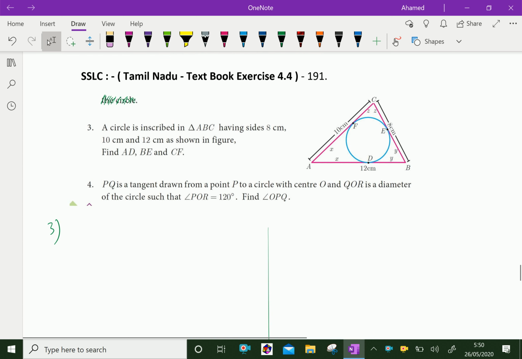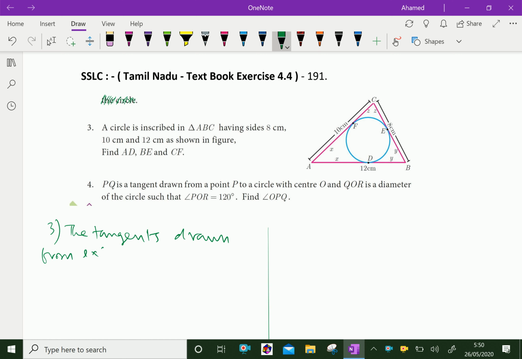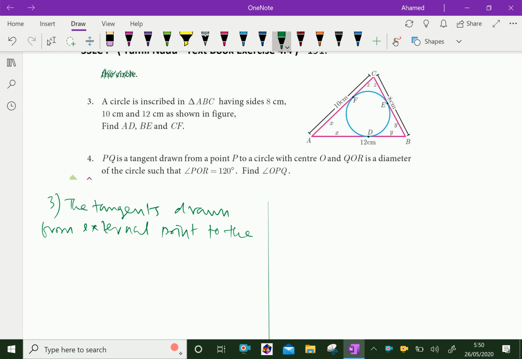That is the condition here. Use this condition. We will continue.